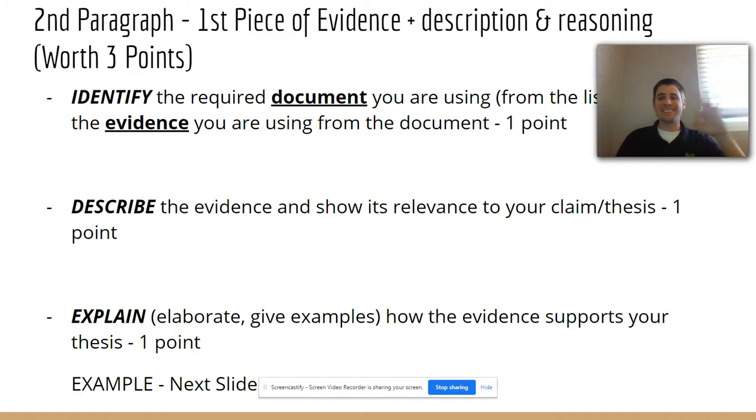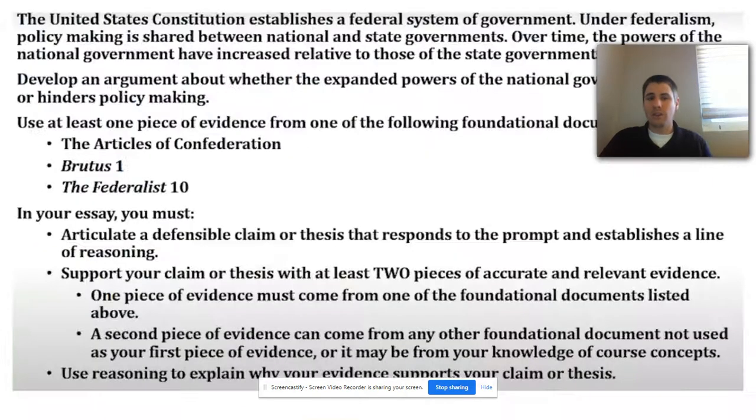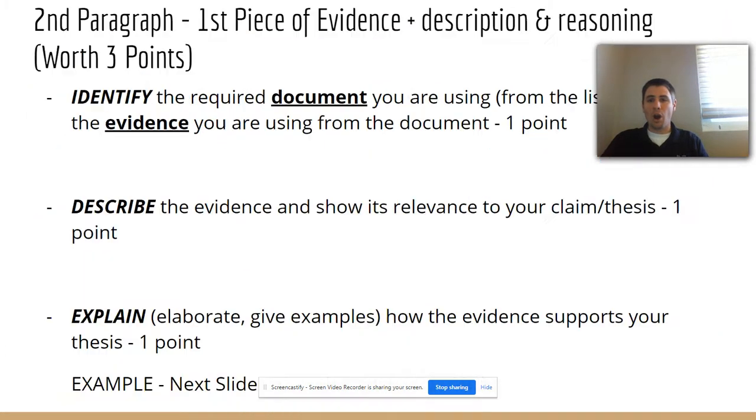Your first sentence, you are going to identify the document, and I give you the template: as seen in Federalist 10, as seen in Articles of Confederation, there are problems when the states have sovereignty. Boom. You identified the document and you cited some evidence that supports your claim, right? Your thesis as to why.